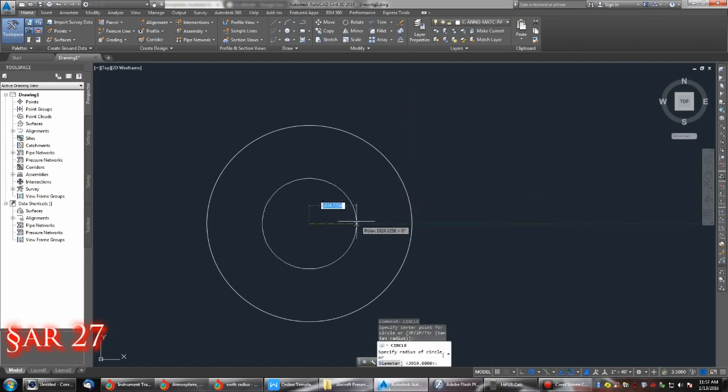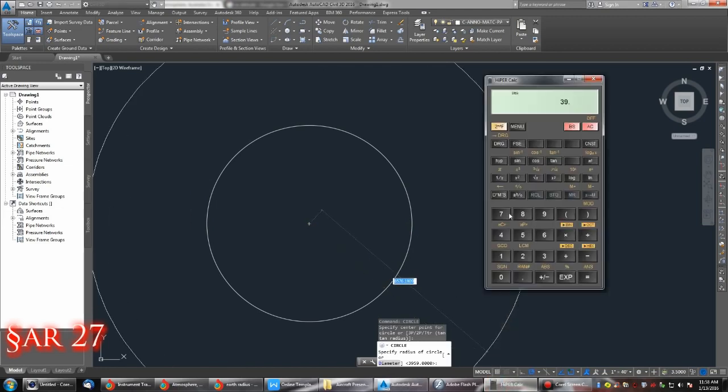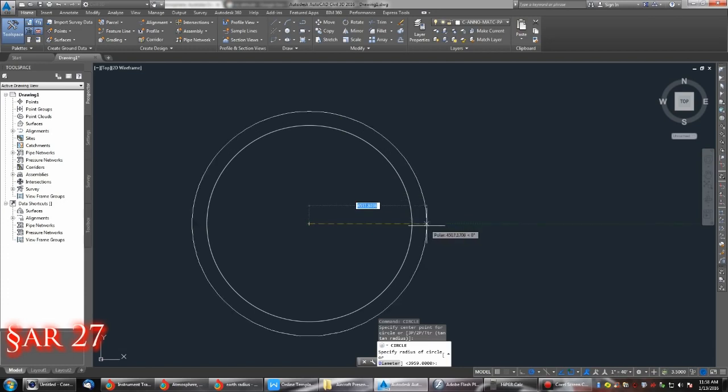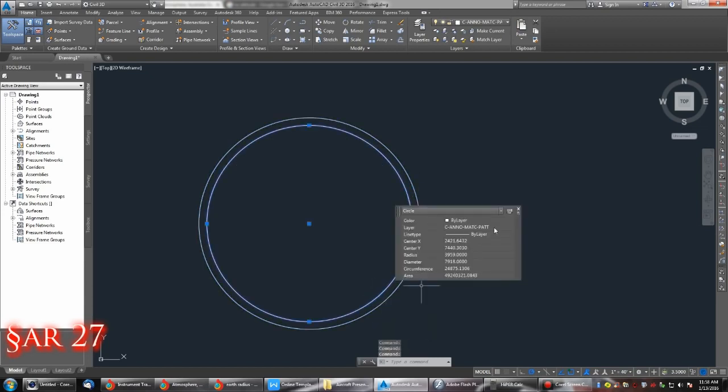With the radius of, let's take the calculator here, 3959 plus 311 miles. So it'll be 4270. 4270. That represents this line here. I'm going to change the color of this one first.